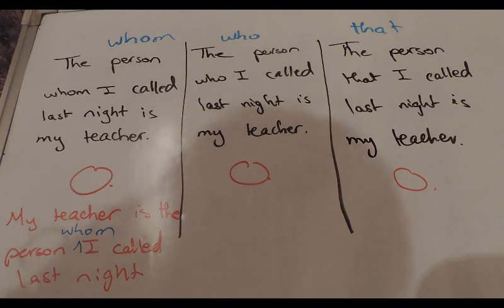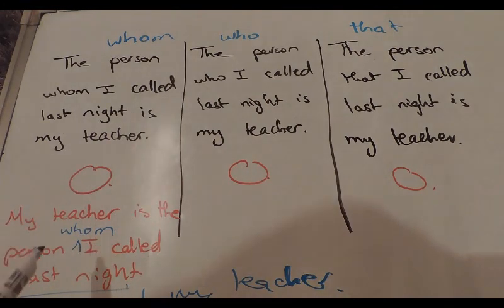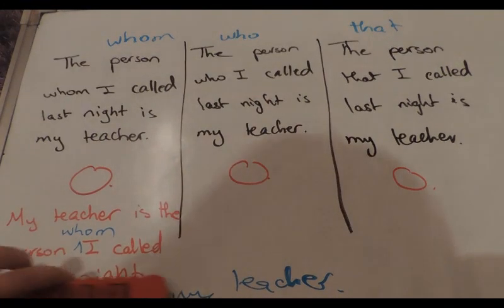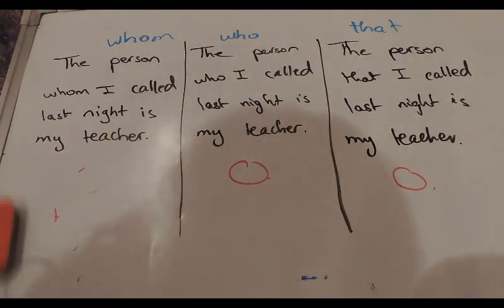My teacher is the person whom I called last night. It is just like saying that I called my teacher. So, whom did you call? Or wait, that's not clear for you. Let's say that. So I'm just going to erase to show you here.